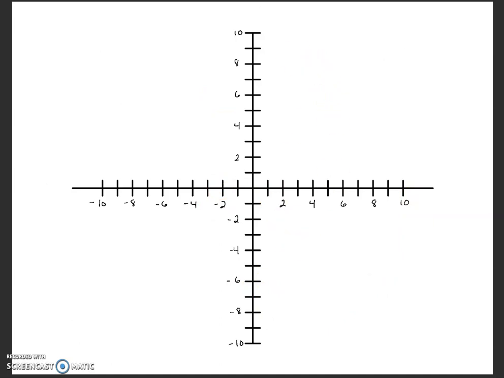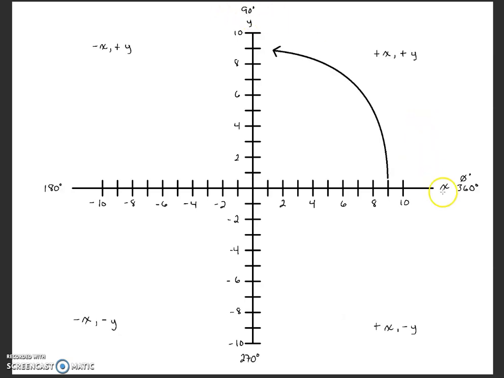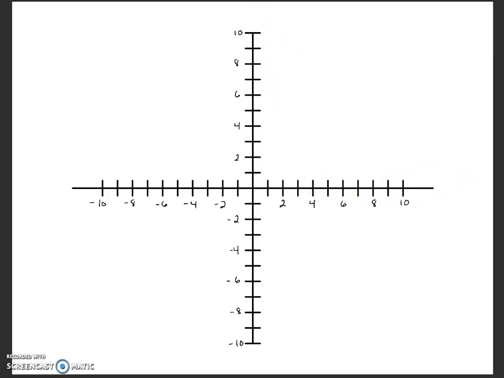So if we start off, and remember, this is our x. Right here is our x-axis, and this is our y-axis. So we have our graph.